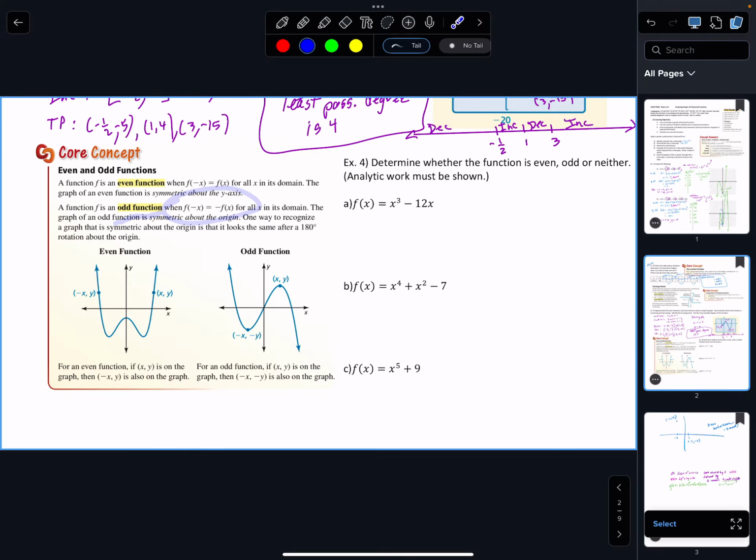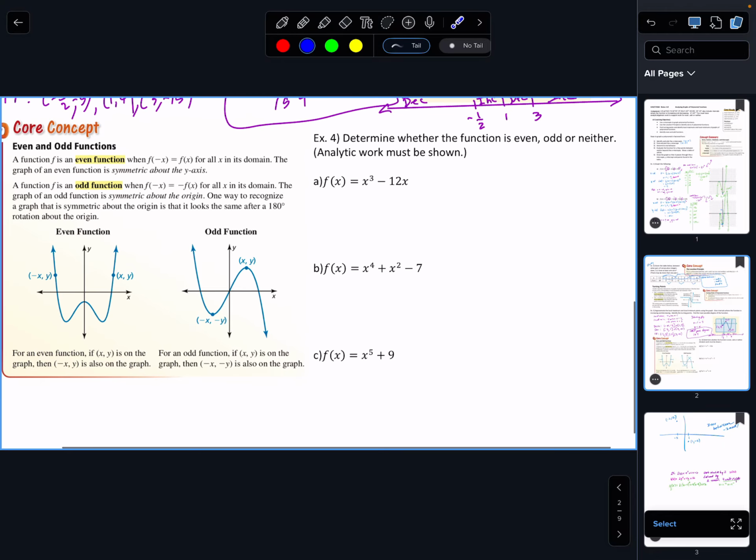Every sign is opposite. So what we're going to do here, and this is the work that you need to show, that's written, that's what's referred to in the directions. Analytic, algebraic. What I'm showing you must be shown to get any credit to show whether something's even, odd, or neither. Just stating it's even, odd, or neither gets you no credit.